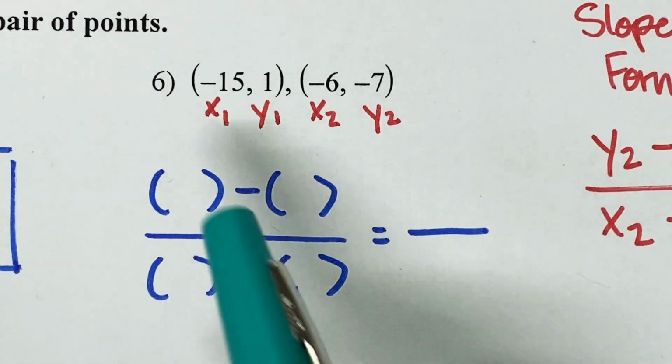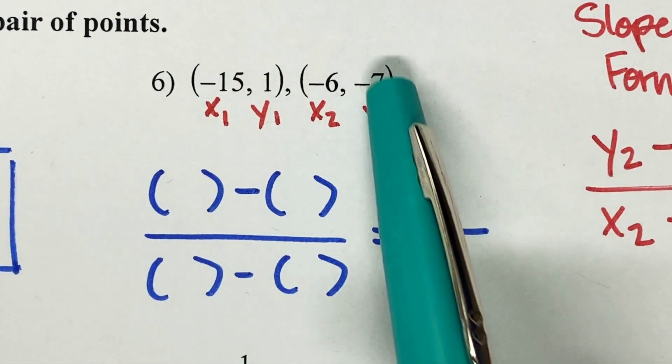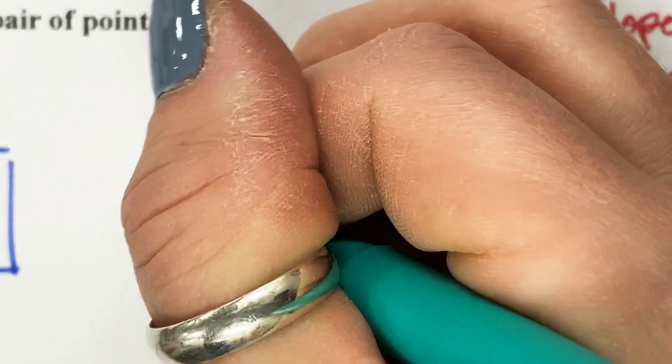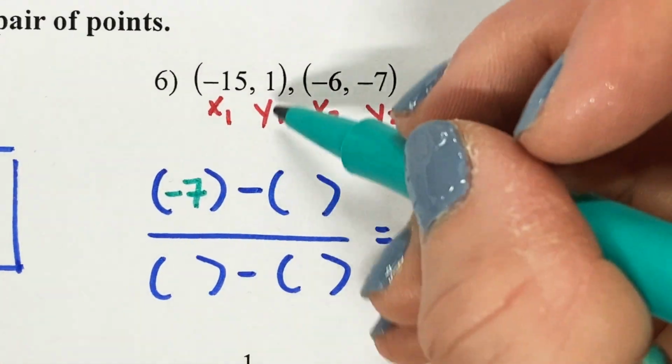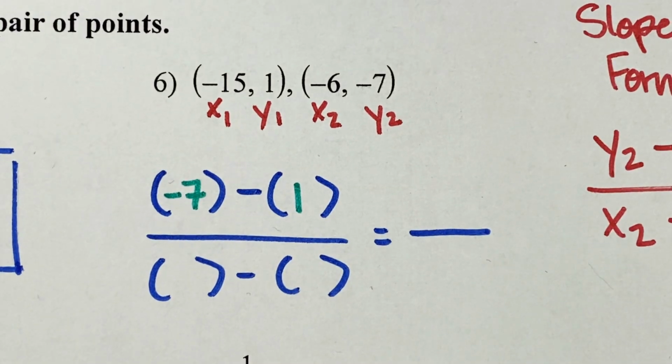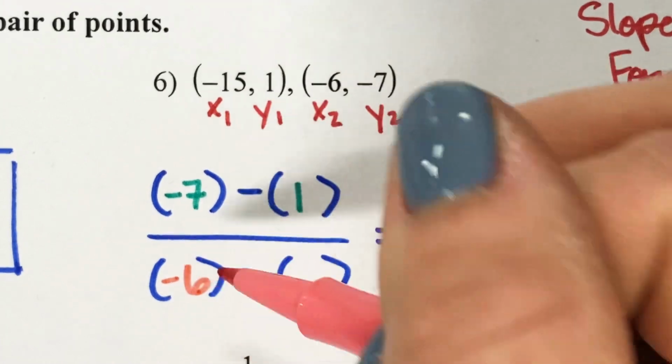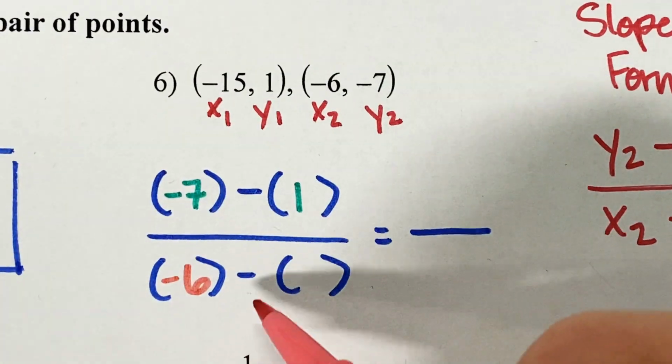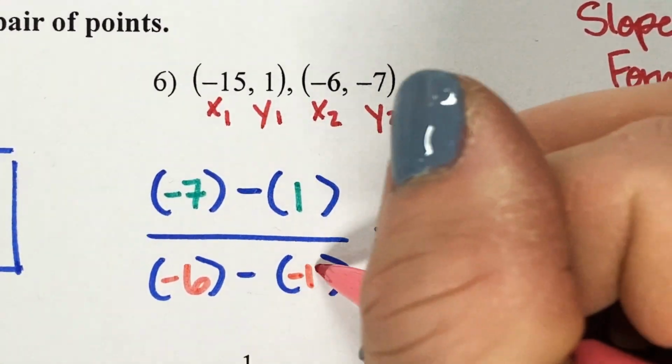So first comes my y2, and this lines up with -7. Subtract my y1, which is 1. Then on bottom, I have x2, which is negative 6, subtract my x1, which is negative 15.